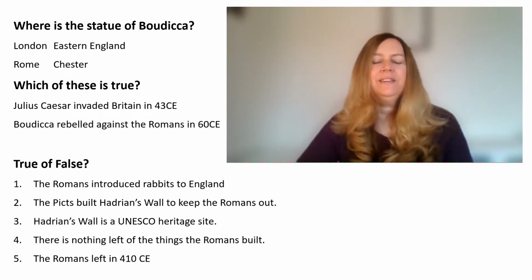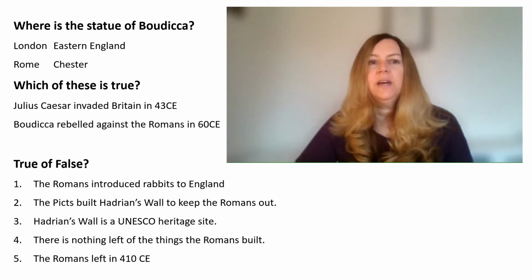Listen carefully to the history and try to answer the questions that appear on the screen. The Romans first invaded under Julius Caesar in 55 BCE and again in 54 BCE, but they failed to conquer the country completely. Almost 100 years later, in 43 CE, the Emperor Claudius invaded, and this time he was more successful.